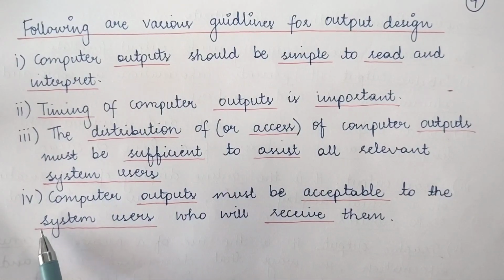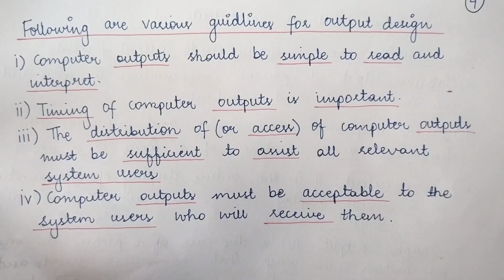And the fourth and last guideline says that computer outputs must be acceptable to the system users who will receive them. They must be valid, they must be consistent, and they must be correct, and hence they must be acceptable to the system users who are going to receive them.